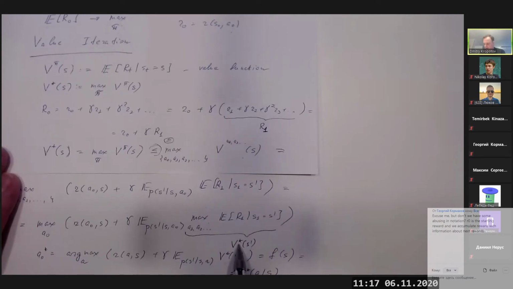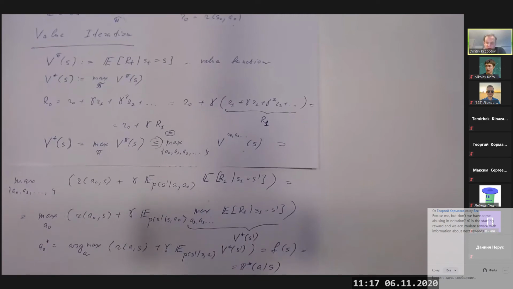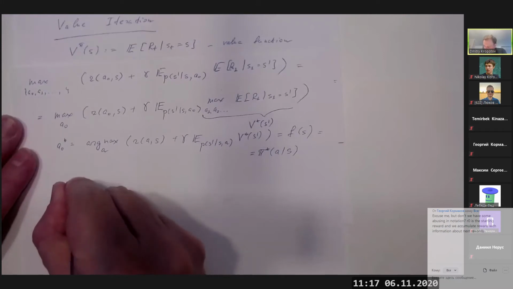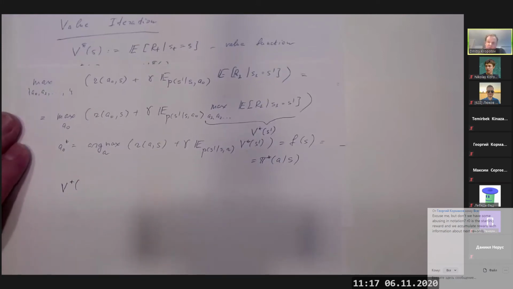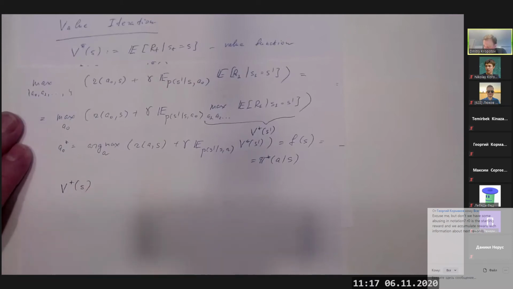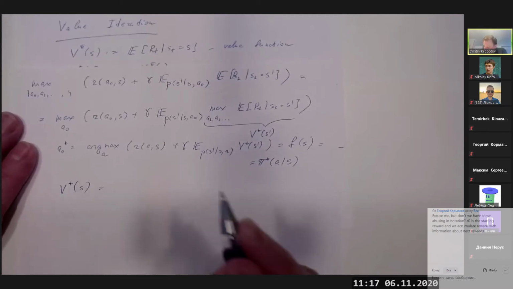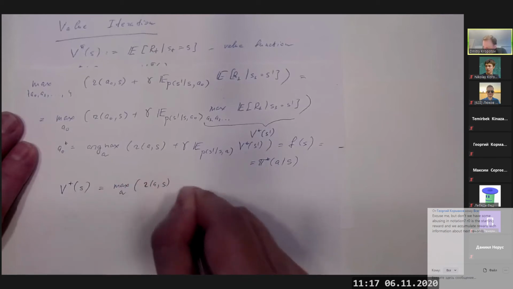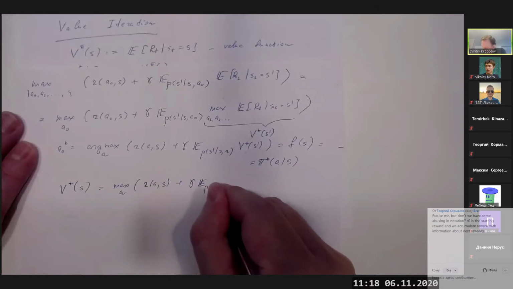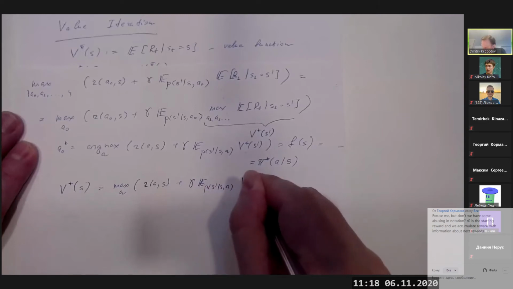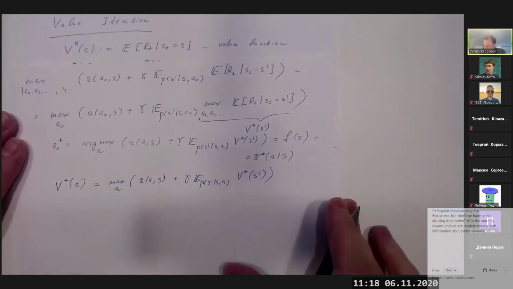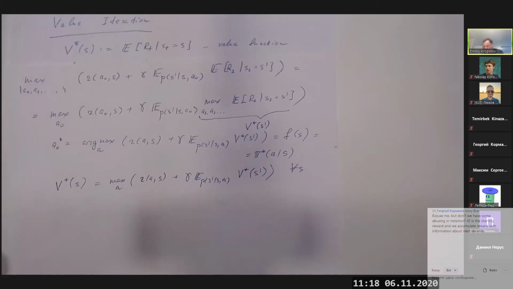And our optimal V function, we may write that this V star is this one, where the maximization goes with respect to consistent policies. So again, we may write down what is called the Bellman equation for optimal policies: the optimal V star is a max over actions of the reward plus gamma, transition probability, V star of S prime, and this is true for all states.